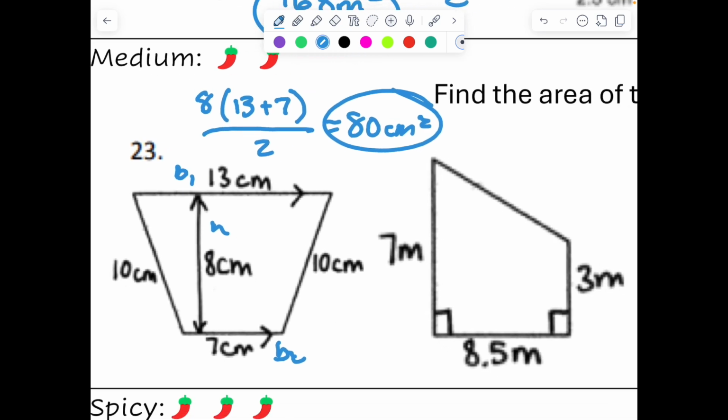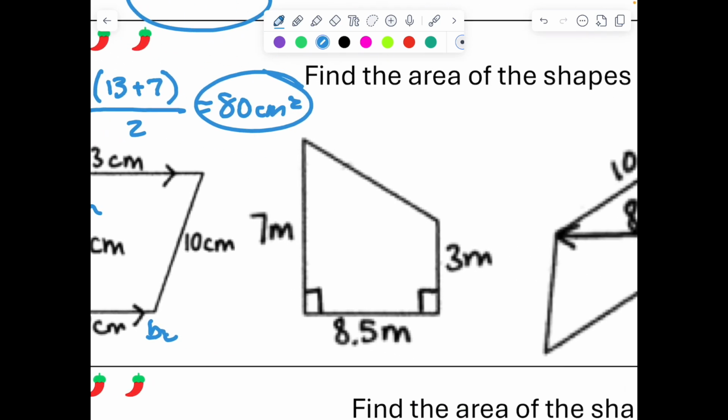Another trapezoid here, okay, the base and base, and then the height, so height, base 1, base 2, even though it's on its side, okay, so 8.5 times 7 plus 3 divided by 2, that is 42.5.